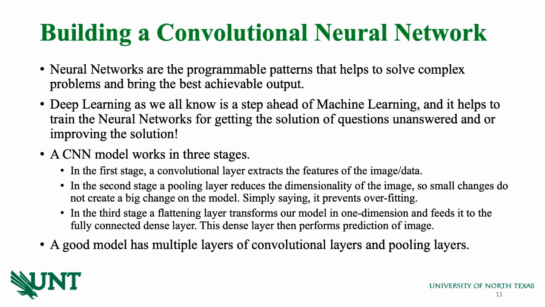The third stage is flattening out into one dimension so that the computation for modeling will be easy. That is then fed into a fully connected dense layer, which will perform the prediction. The model which has more layers of convolution will be considered a good model.